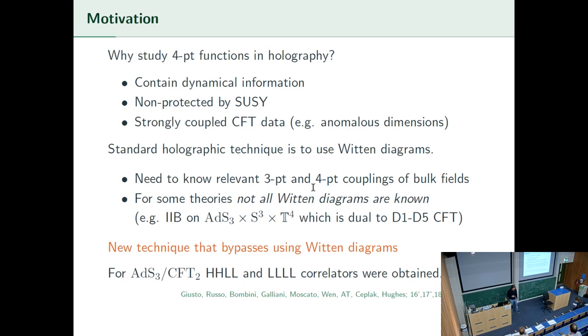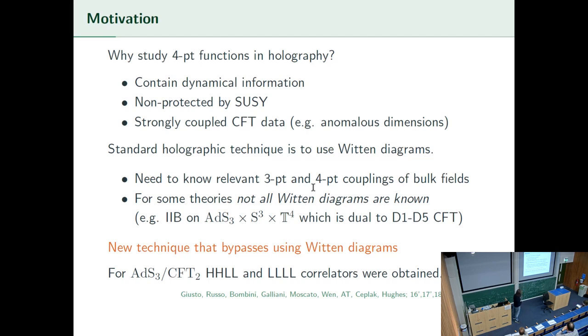So they contain the information about the interactions in the theory. They're also not subject to the non-renormalization theorems coming from supersymmetry, so they depend on the coupling of the theory. And if we manage to somehow compute those correlators, we can use them to extract the information about the strongly coupled CFT.